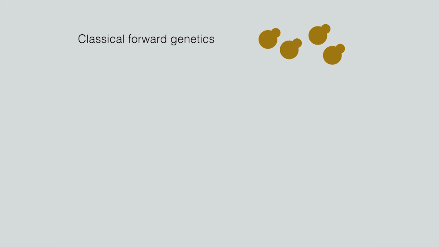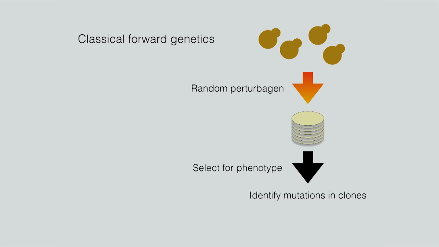So again, the progression that we've been thinking about is from classical forward genetics, where you have your pool, usually yeast or Drosophila or whatever. You randomly perturb it, and then you plate all these out. You select for a phenotype, and then you try and figure out what caused that phenotype. And this really is the foundation of most of the biology that we study today.